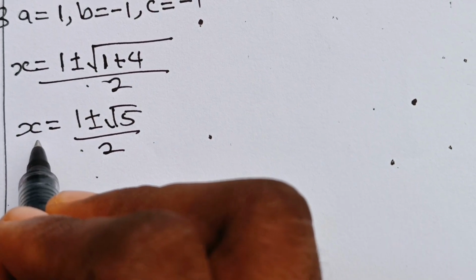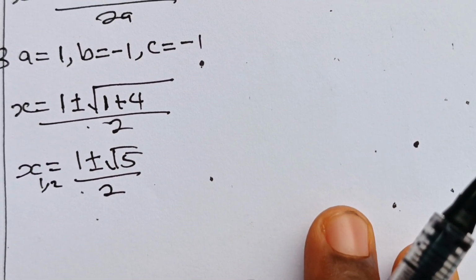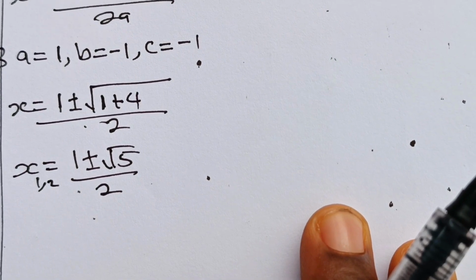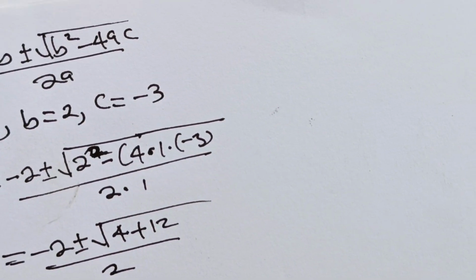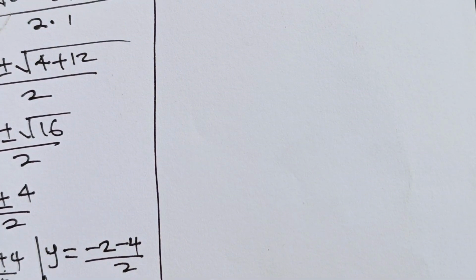All right, so this gives us the first and the second value of our x. Now let's go back again, okay? So if we go back again, we will recall that the second value of y is what? Minus 3. So when y is equal to minus 3, let me see if I can make use of this remaining space here. Okay.